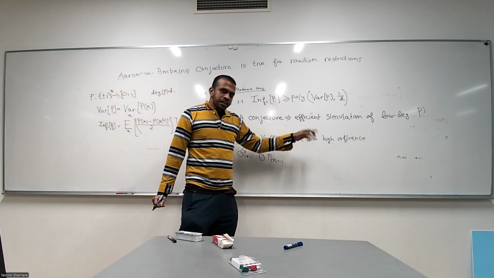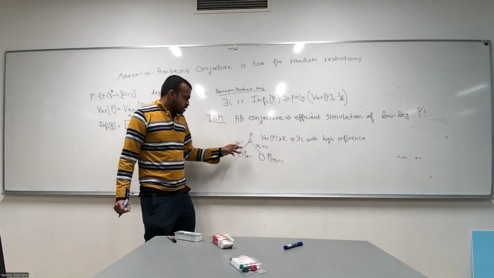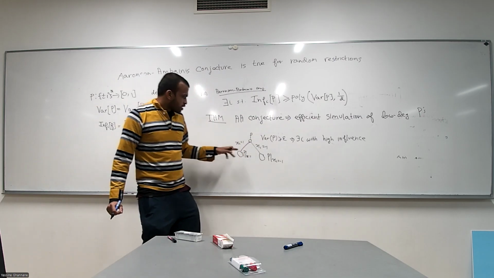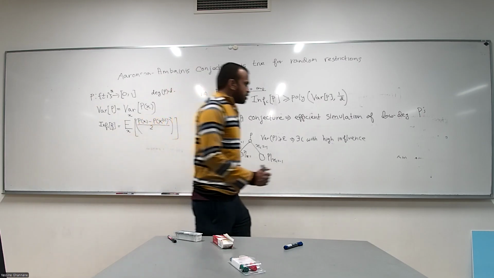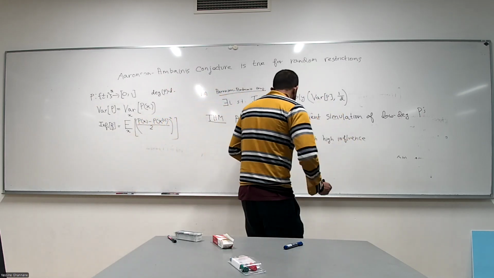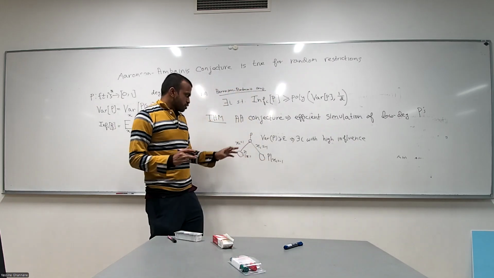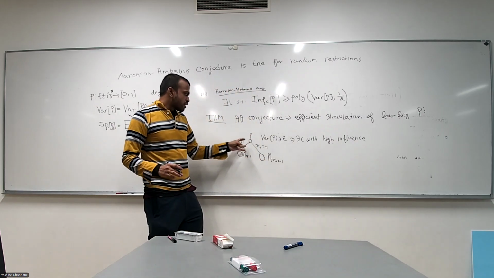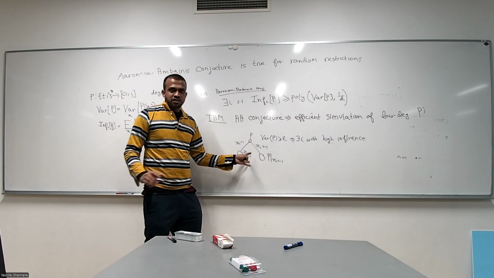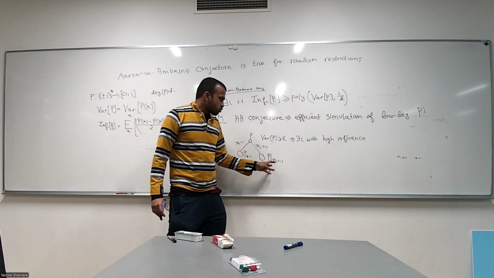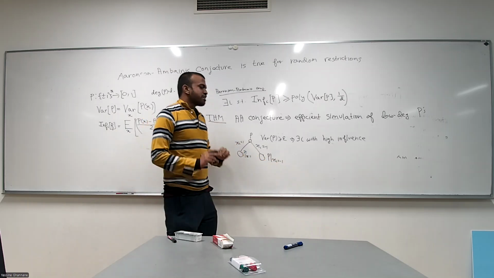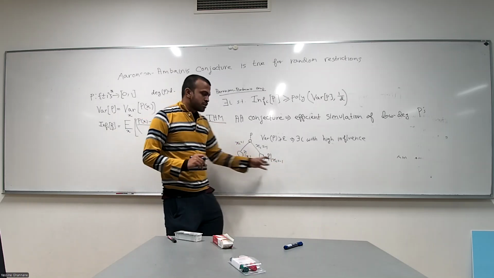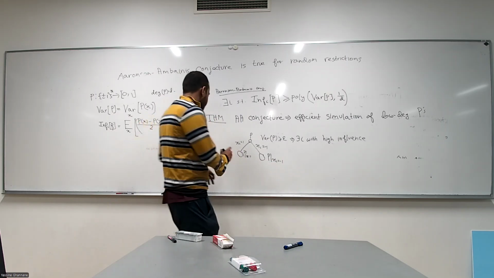Since i had high influence, after this query, on expectation, the variance of these two polynomials drops down. So let's compute. If xi equals 1, the variance becomes the variance of this restriction. If xi equals -1, the variance becomes the variance of that restriction. So let's try to compute what the average variance of these two polynomials is.